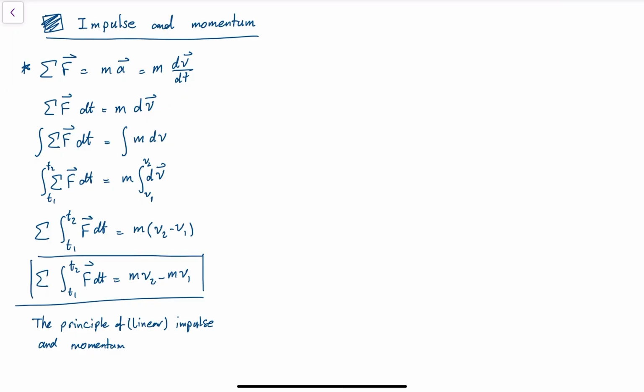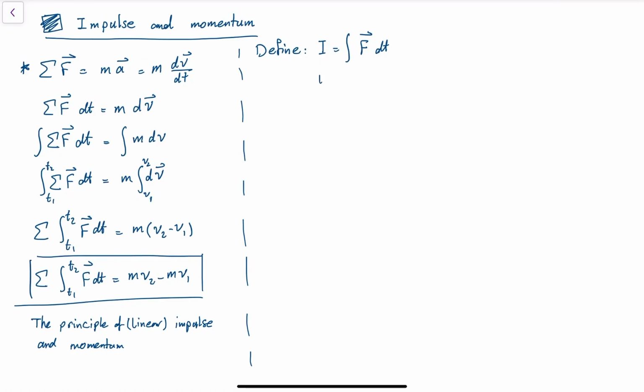Let's give these a bit of names. So let's define the integral of F dt. Call this I. This is linear impulse.